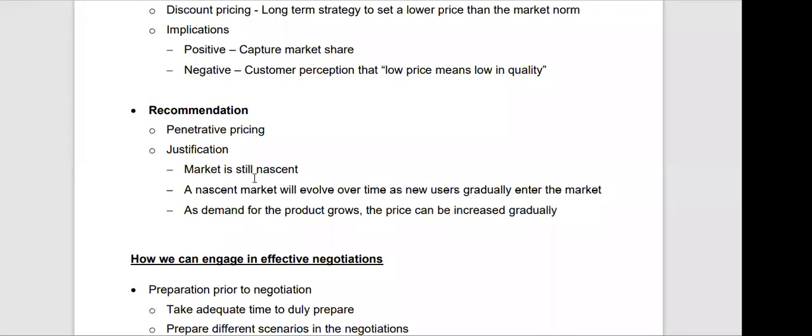The market is still nascent. That means that the market is still in the growth phase. We are not too sure about the demand for herbal teas in the market. The nascent market will evolve over time as new users gradually enter the market. As demand for the product grows, the price can be increased gradually. So that's a proper justification which I provided.